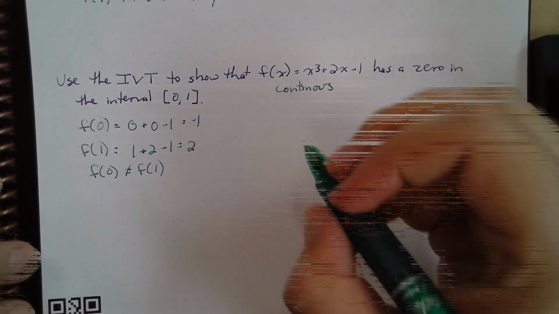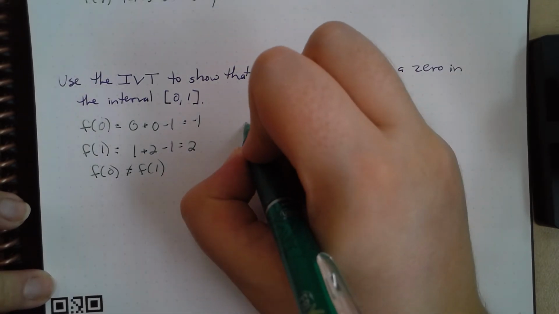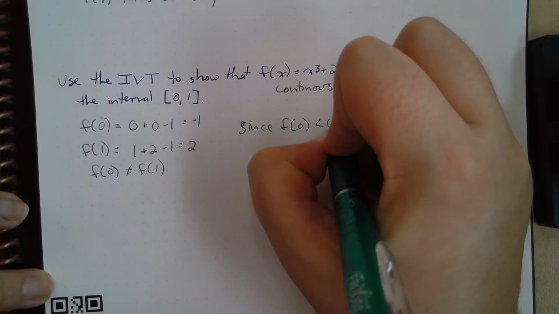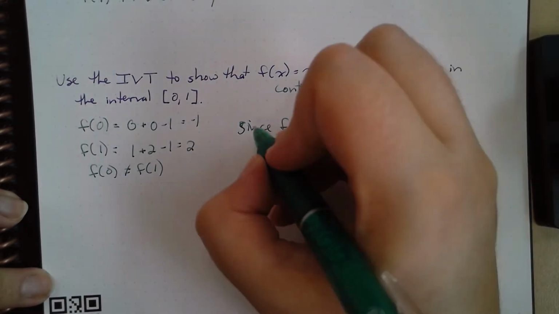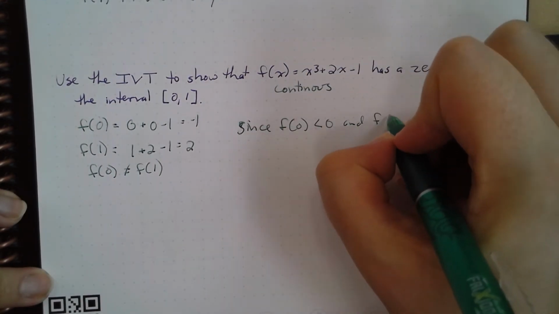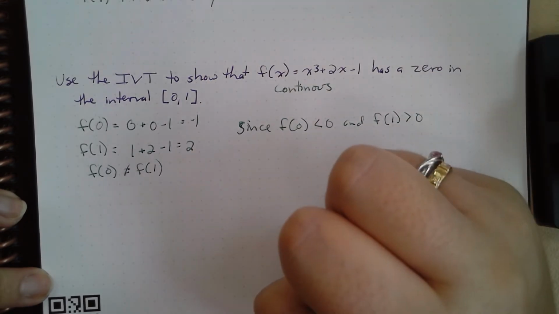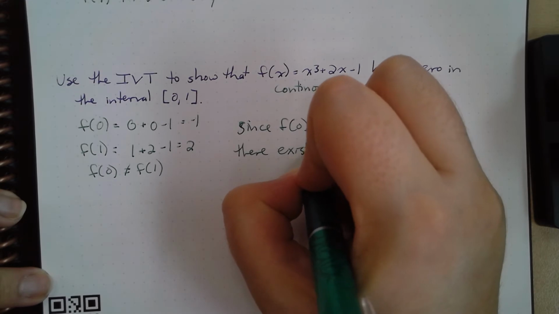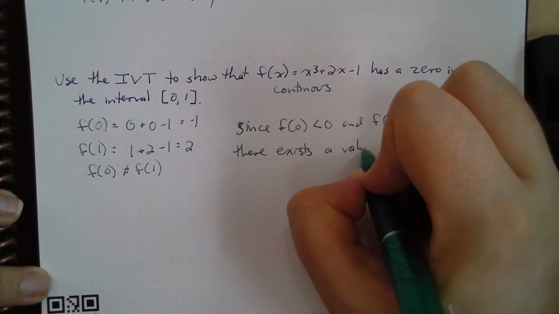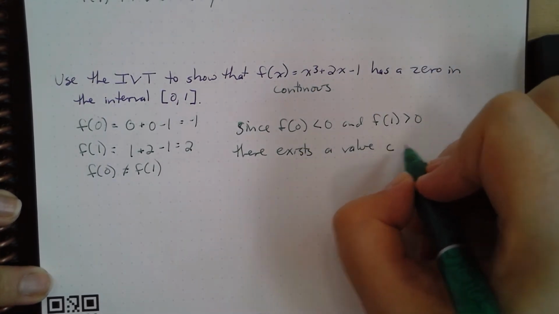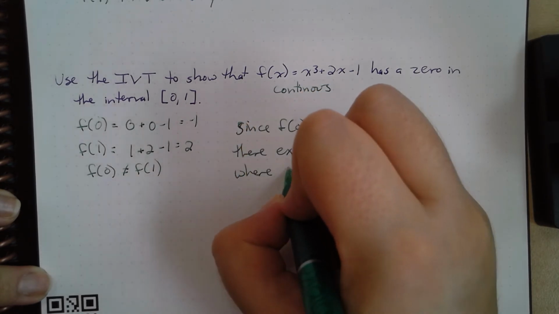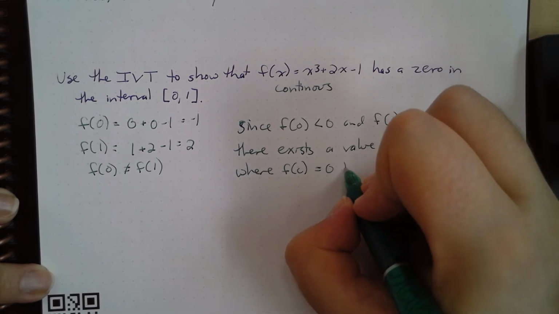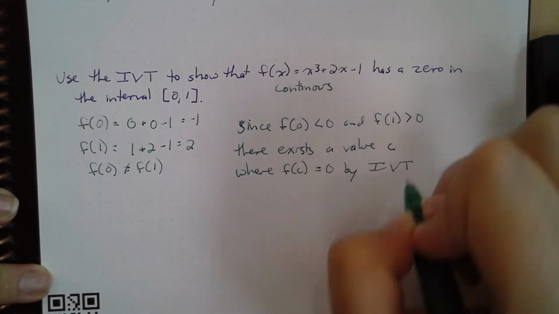Okay, since f of 0 is less than 0, right, and f of 1 is greater than 0, there exists a value c where f of c must actually equal 0 by the intermediate value theorem.